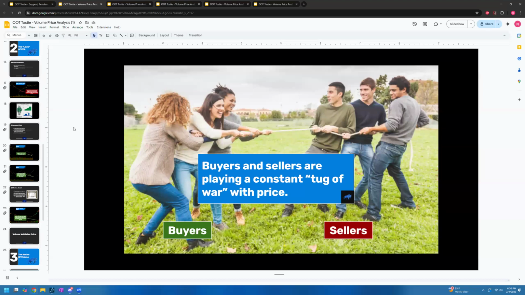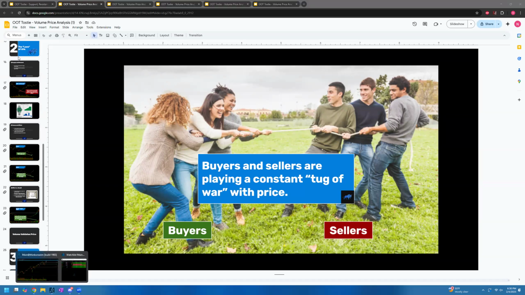JJ asks, is volume and liquidity the same thing? Technically, no. They're used a lot as synonyms, but liquidity is the ease of being able to buy and sell an asset, which doesn't necessarily correspond to volume.